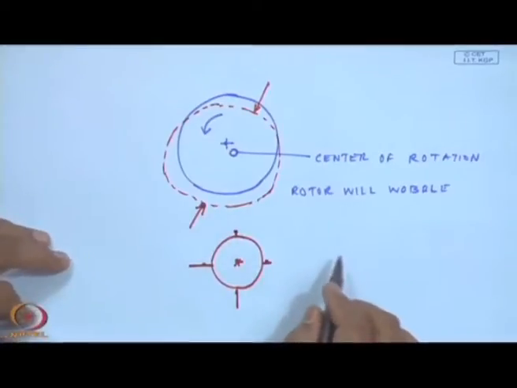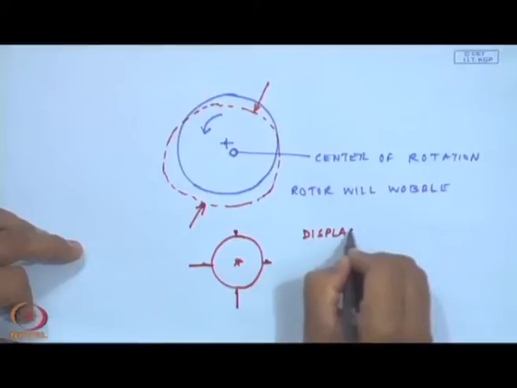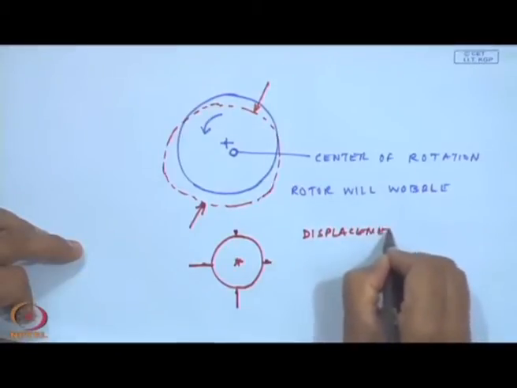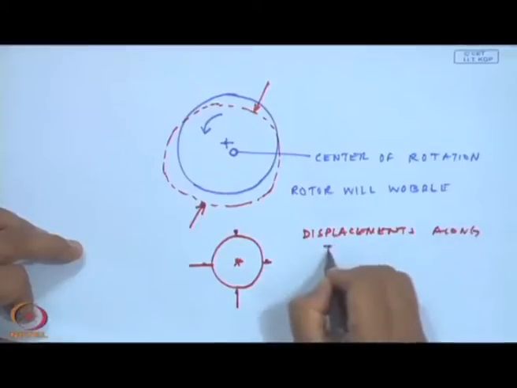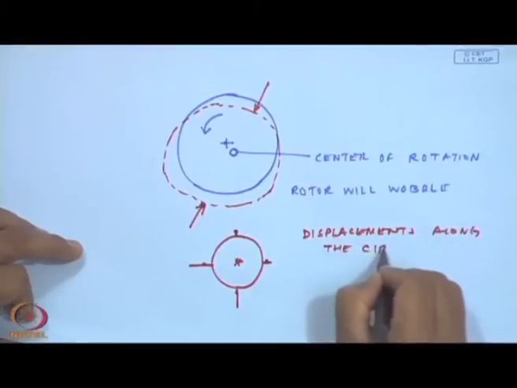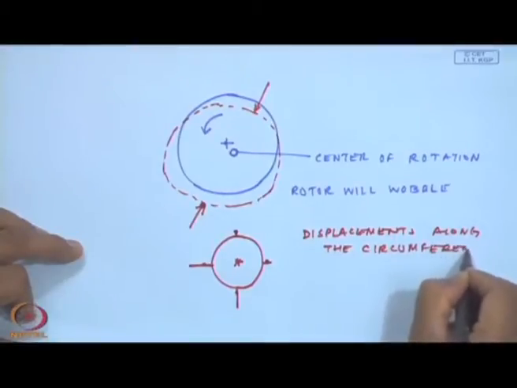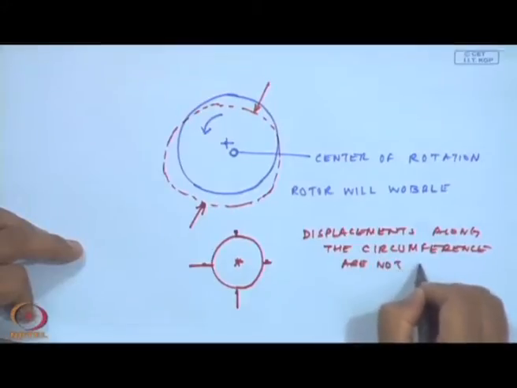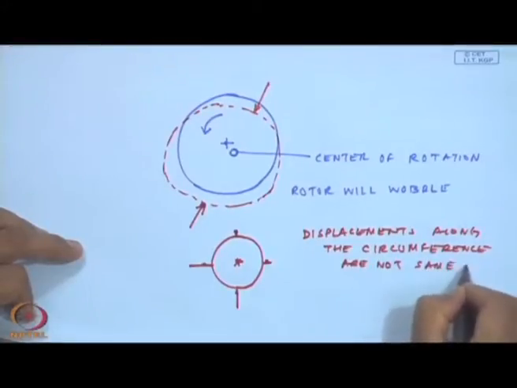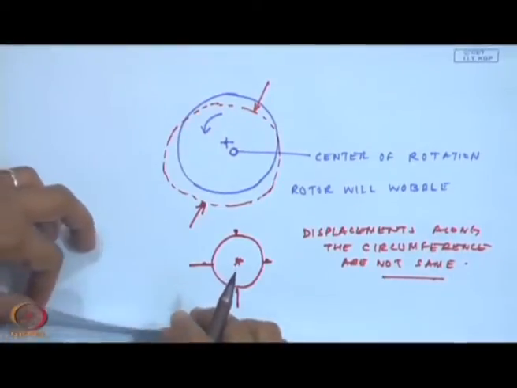So, the displacements along the circumference are not the same, and that is because of this eccentricity in the rotor.